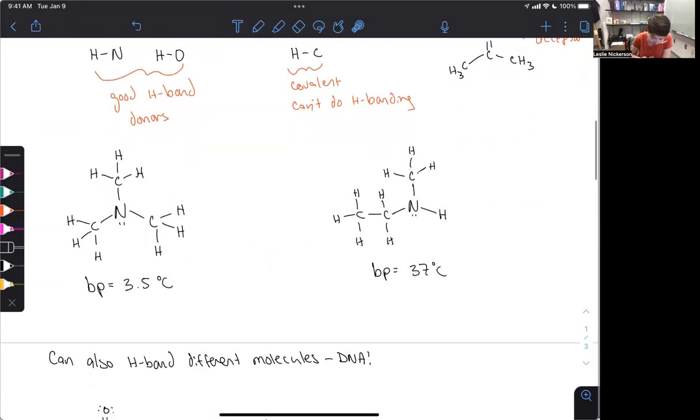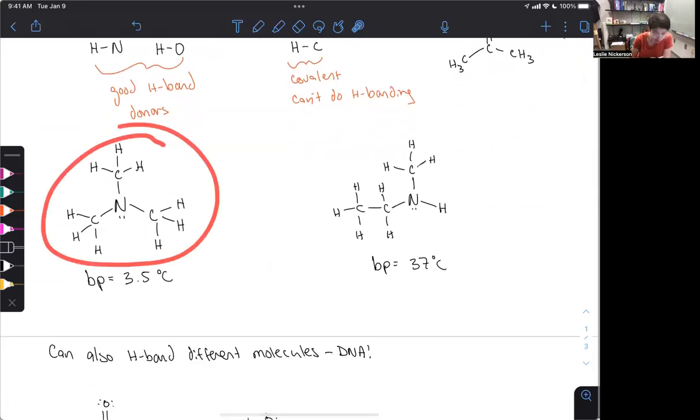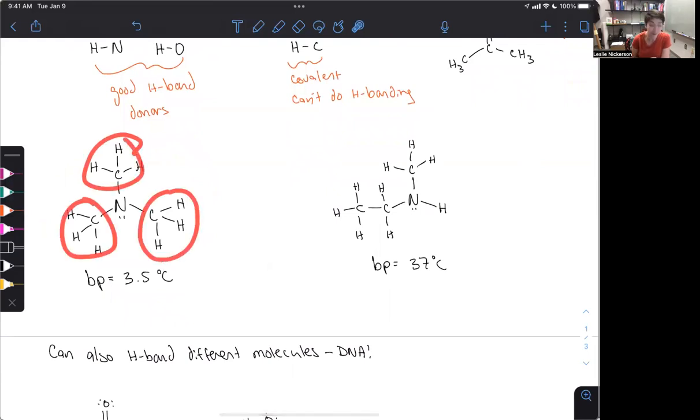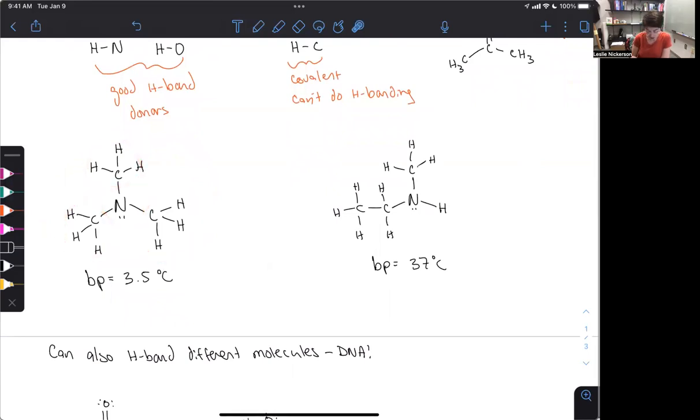Okay, let's take a look at these molecules. This molecule right here is called trimethylamine. Meth means one, and these are all methyl groups, and this is an amine altogether, so that's how the name comes. This one has a boiling point of 3.5. But if we take one of these methyl groups and put it over here, this is an ethyl methylamine.